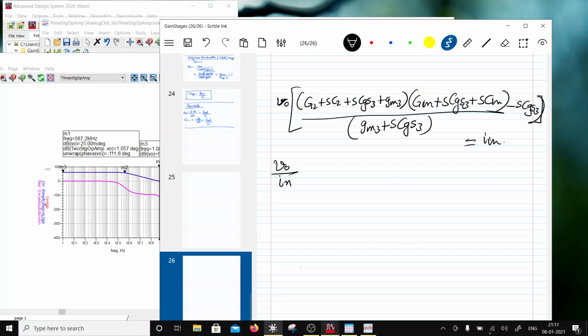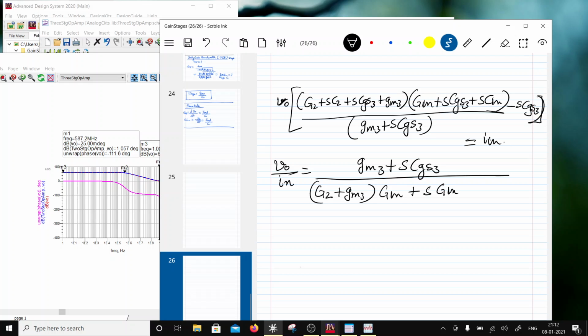VO by I in is going to be equal to (GM3 plus SCGS3) divided by, I'll open the brackets, so it will be G2 plus GM3 times G in, and then plus S G in times (C2 plus CGS3), right, so that is the first term here. Now let's multiply with the second term.